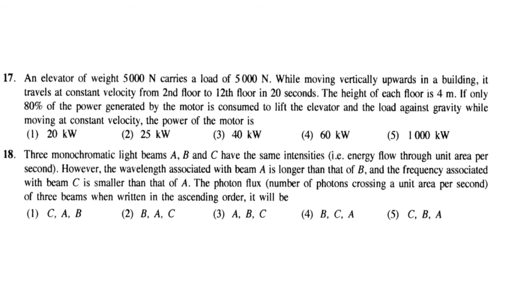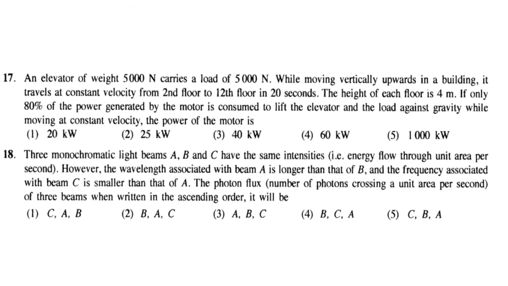With the first relationship, lambda A is greater than lambda B, we can write fA is smaller than fB. When you compare, you can write this relationship: fB is greater than fA, fA is greater than fC.